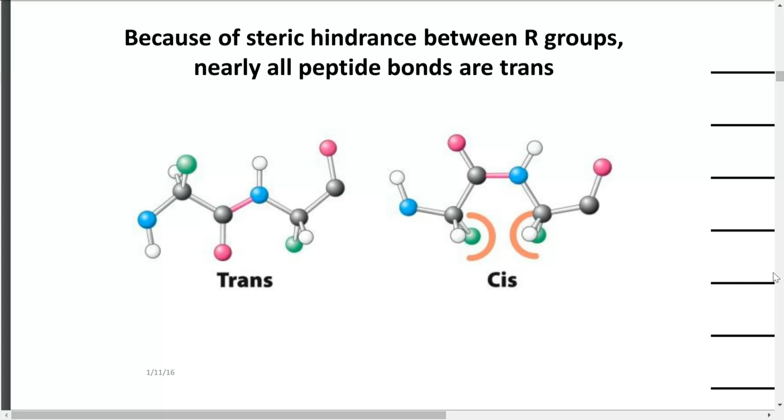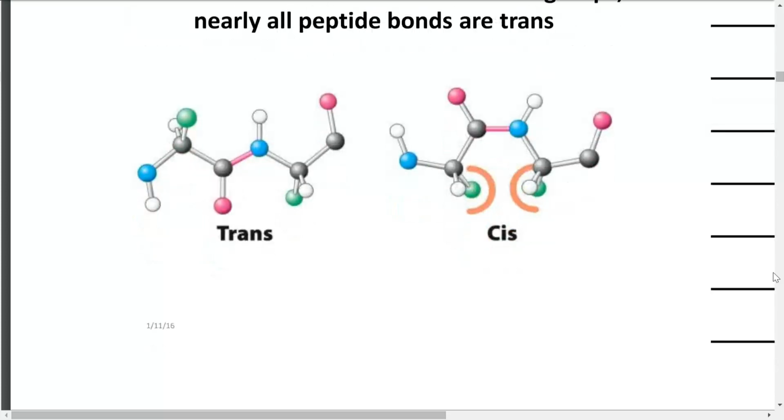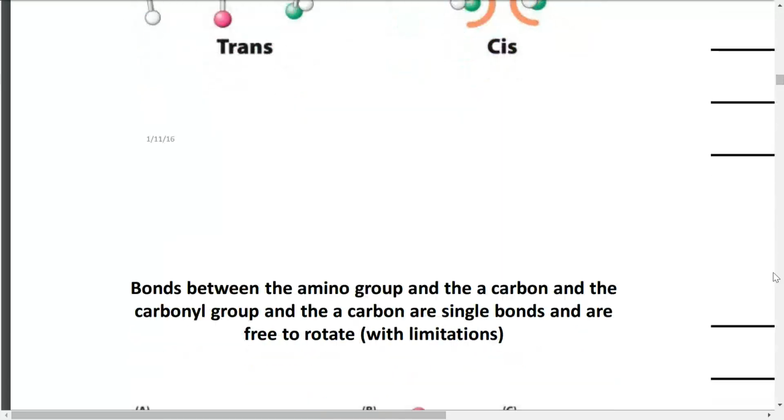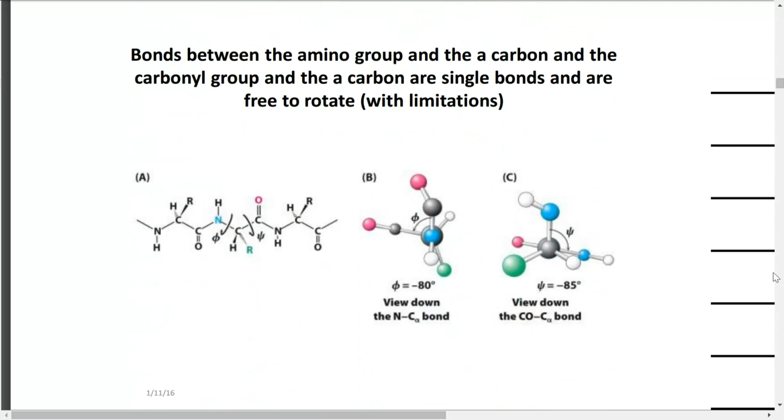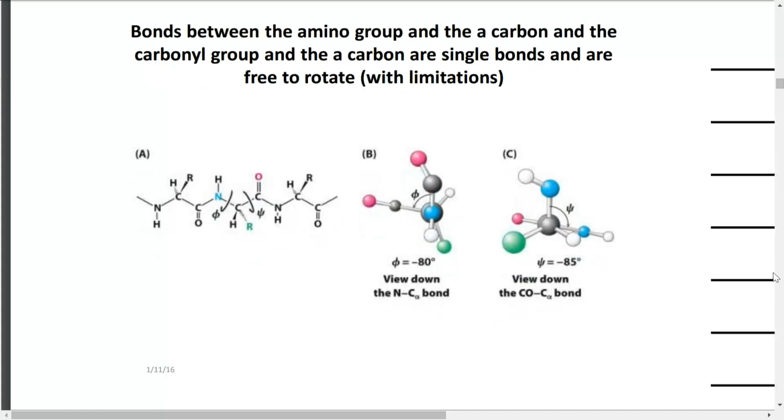configuration. The other thing to notice is that even though the peptide bonds themselves are constrained in place, we get free rotation around the carbon and the carbonyl group. So you can think of planes of peptide bonds, but they can rotate around each other around that carbonyl carbon.